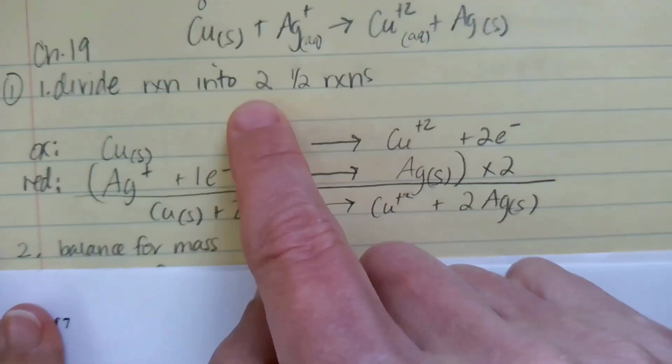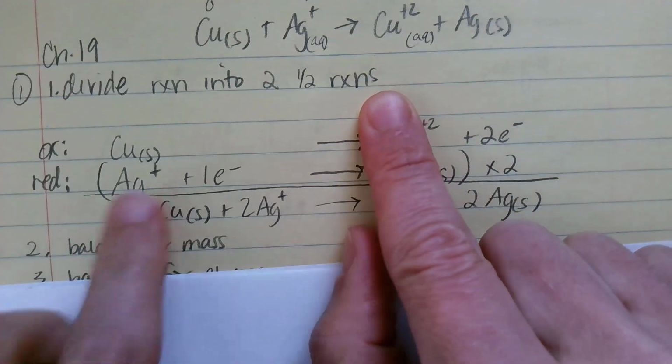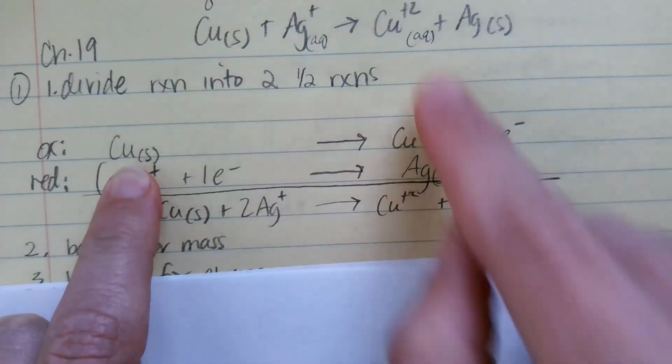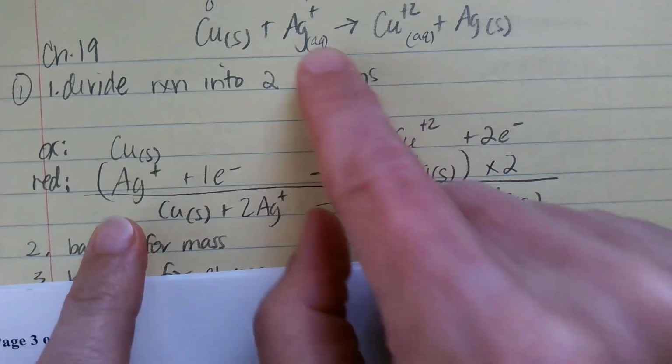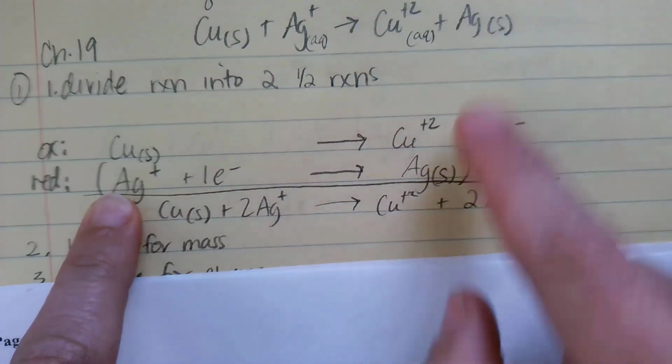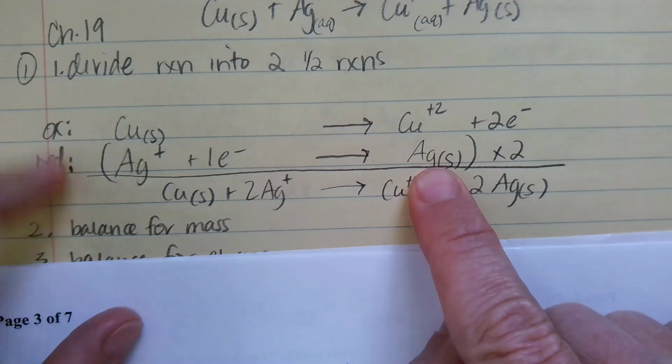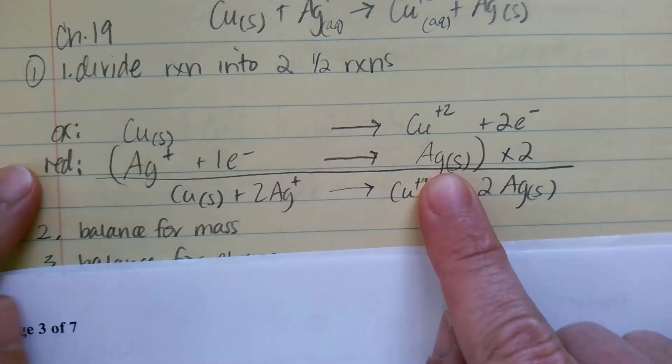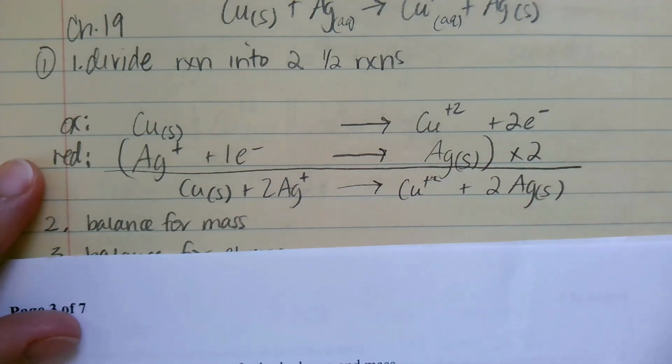Okay, so we're going to divide it into our two half reactions. Our copper to copper plus 2, and we have our Ag plus to Ag solid. So there's my two half reactions, my oxidation, my reduction half reactions.